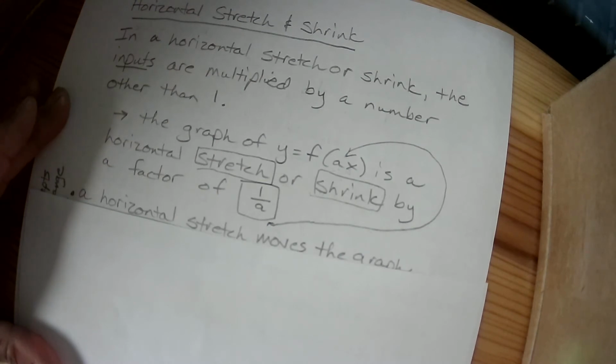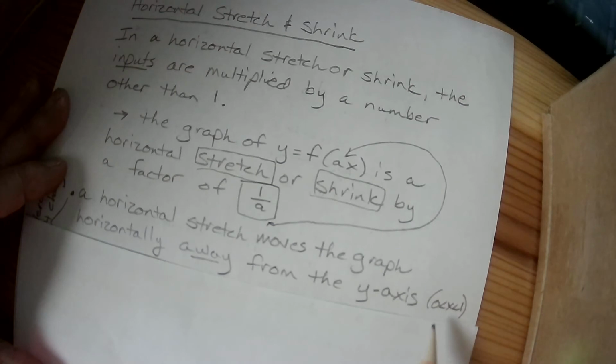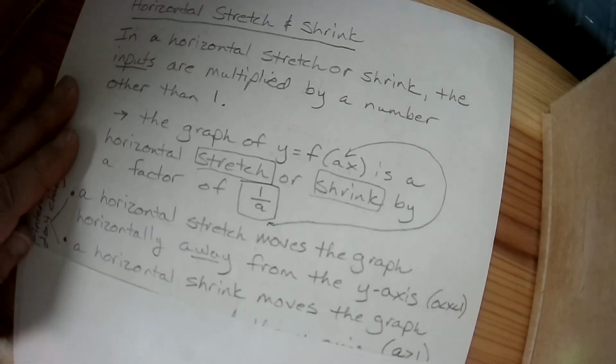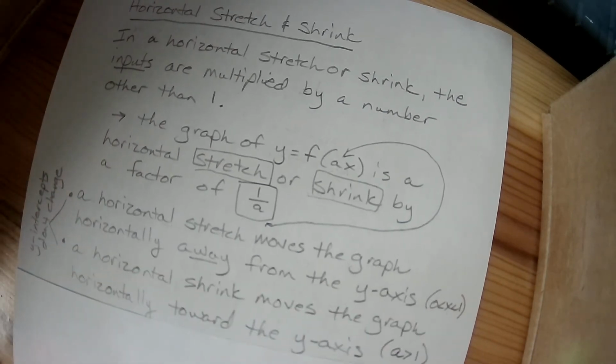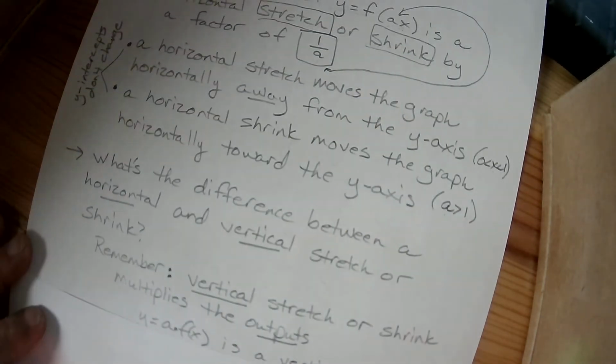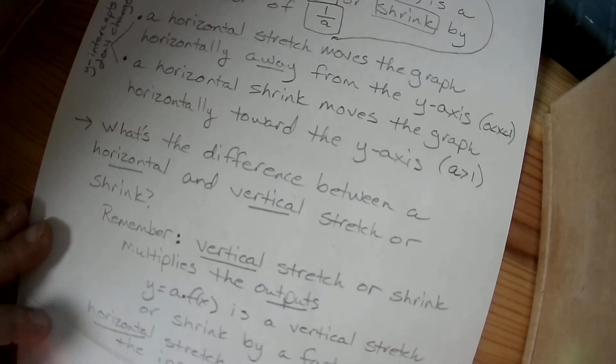So, a horizontal stretch moves the graph horizontally away from the y-axis, and a is going to be between 0 and 1 on a horizontal stretch. A horizontal shrink moves the graph horizontally towards the y-axis where a is greater than 1. Again, clear as mud, right? So what's the difference between a horizontal and a vertical stretch or shrink? Remember that the vertical stretch or shrink multiplies the output.